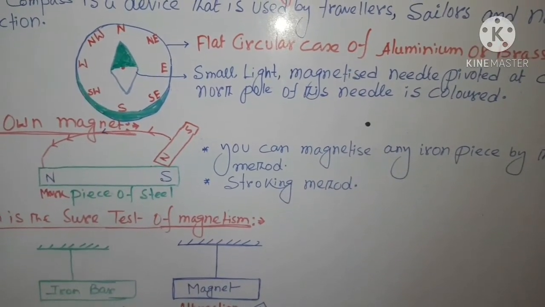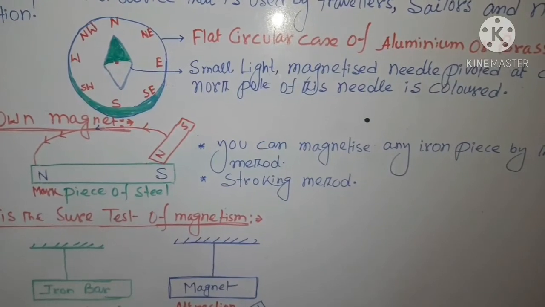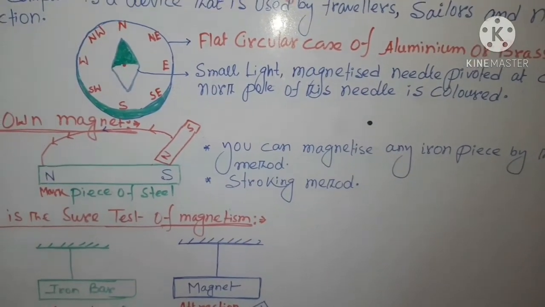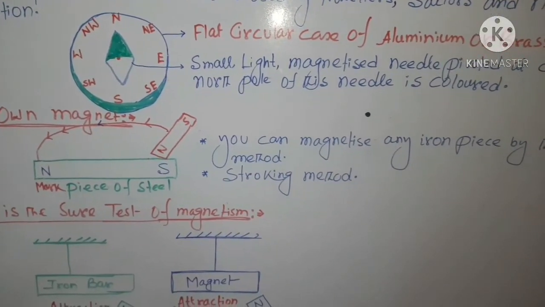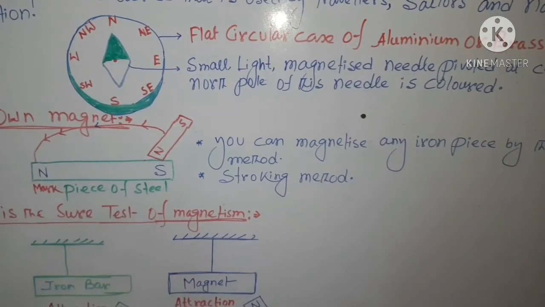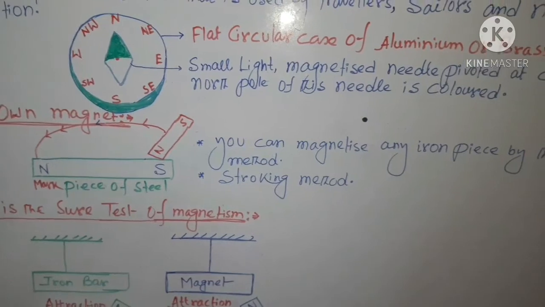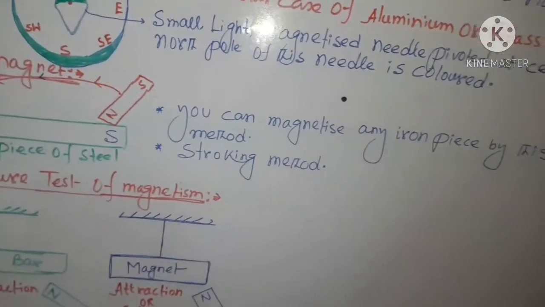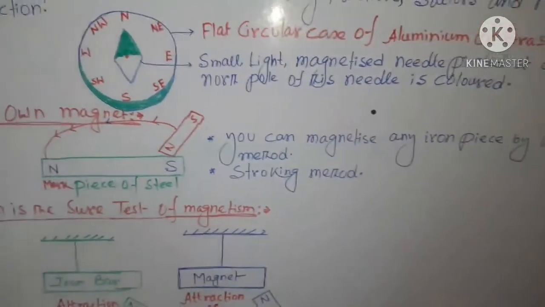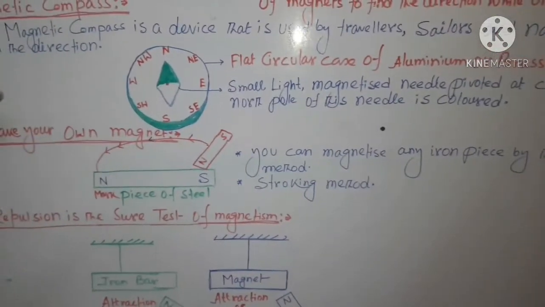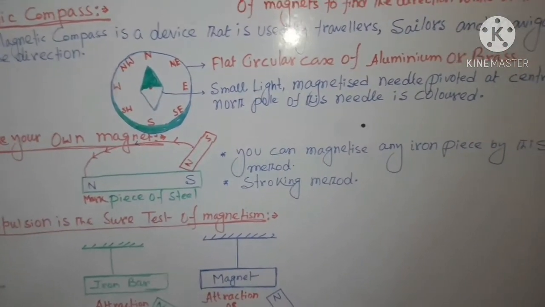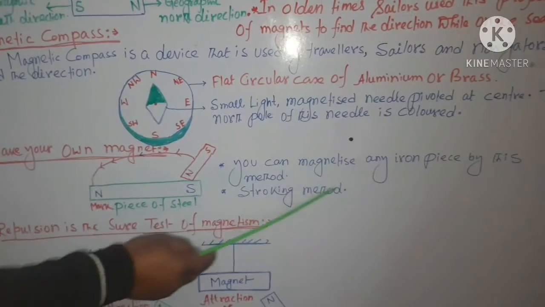After rubbing, if you bring this steel bar near iron filings, you will see that the iron filings are attracted by the steel bar, because the steel bar has been converted into a magnet. The method we use here for preparing a magnet is known as the stroking method.